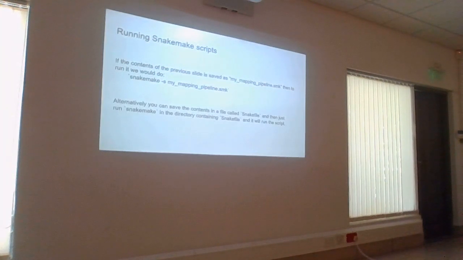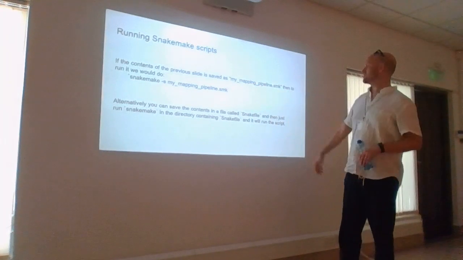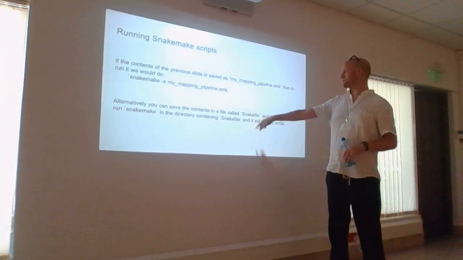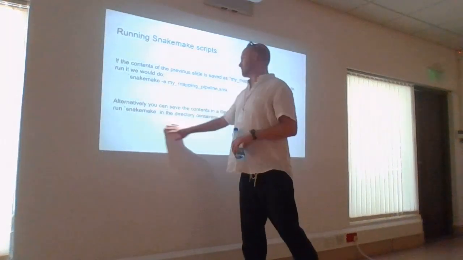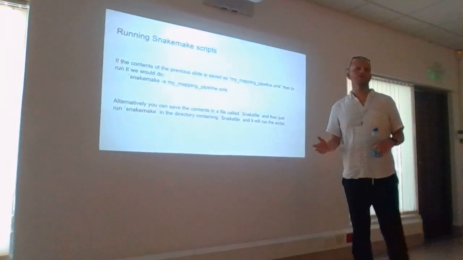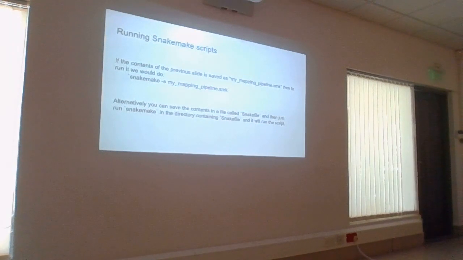The other way you can do it, which I don't really like very much, but they describe it as the best practice, is you save the contents, rather than in mymappingpipeline.smk, in a file called Snakefile, and then all you do is run snakemake with no arguments in that directory, and it will see, okay, there's a Snakefile in here, I'll run that one.